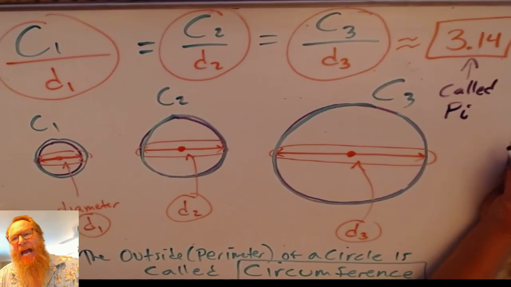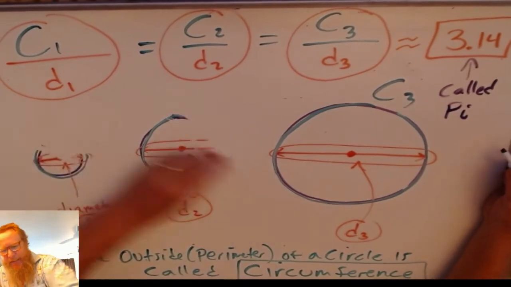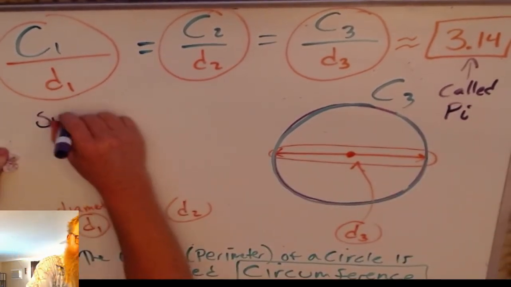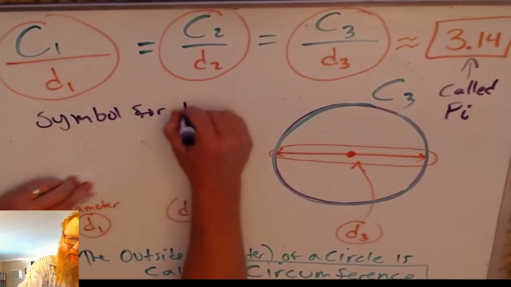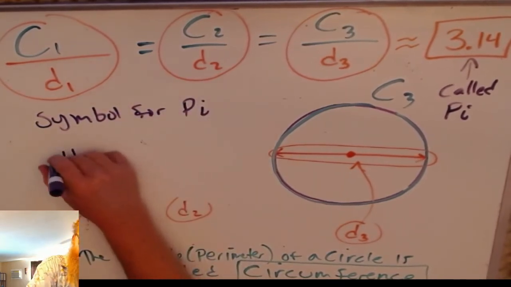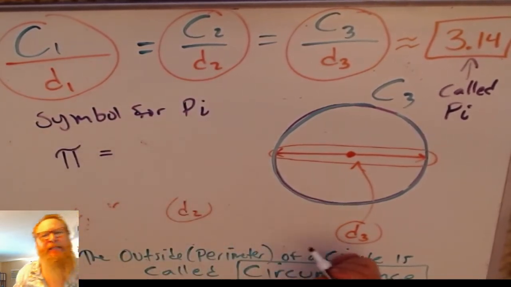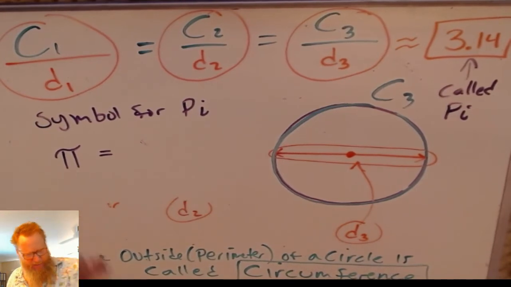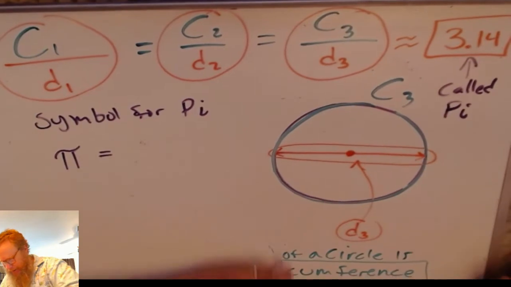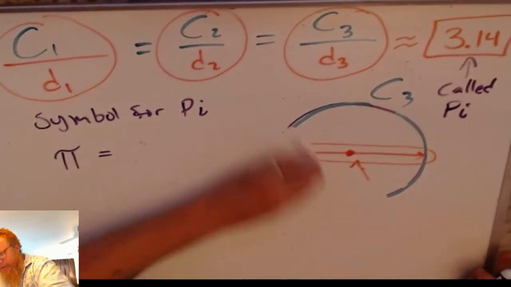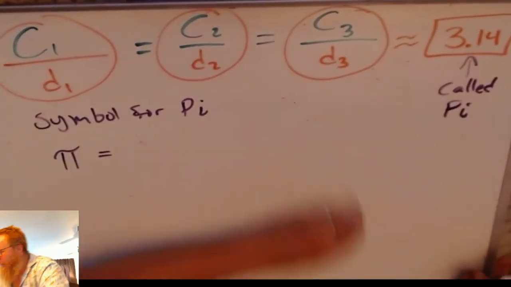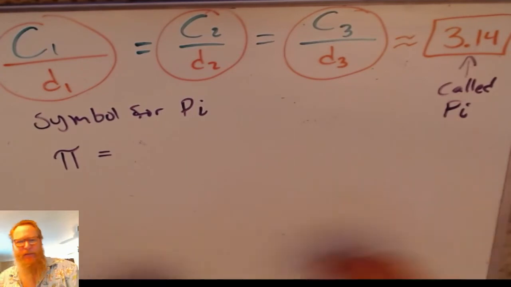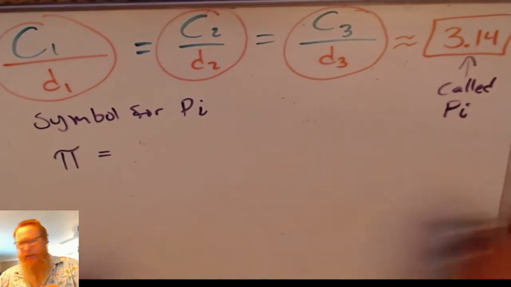Spelled P-I. The symbol for pi is the Greek letter P. It's also the Russian letter P and probably a few other languages, which I didn't look them all up, but those are the two that I know offhand, Russian and Greek.